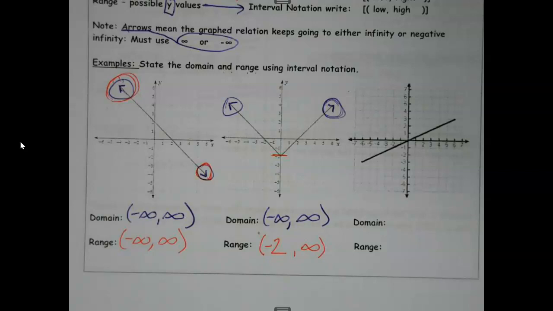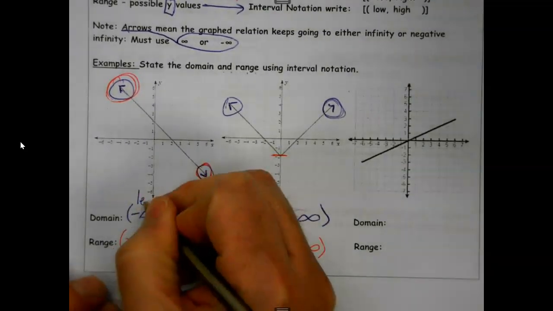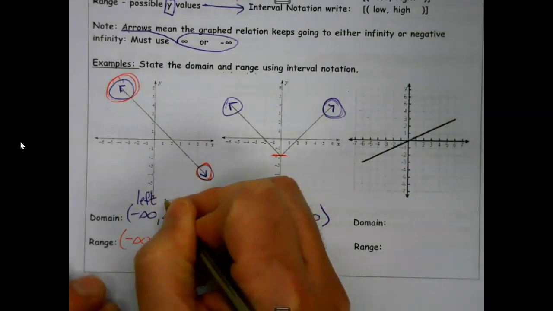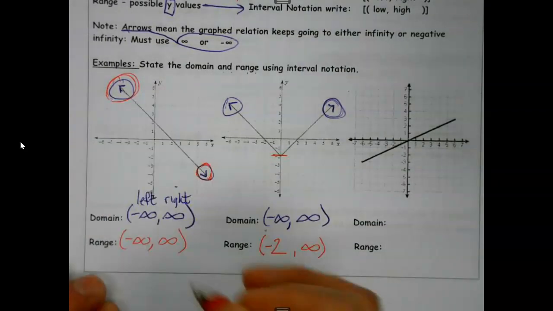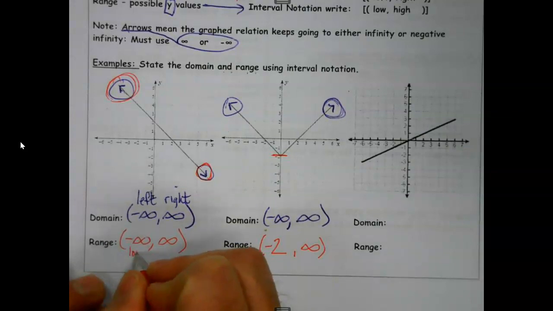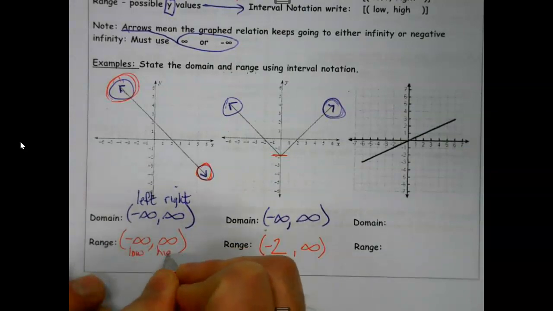Just as a reminder, and this may be something that's good to do as you go. Maybe at the start, you may not need to do this forever, but maybe it would be a good idea as you're getting used to this: the left is the left, and the right is the right.